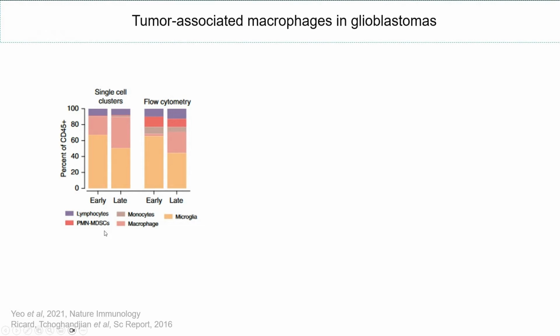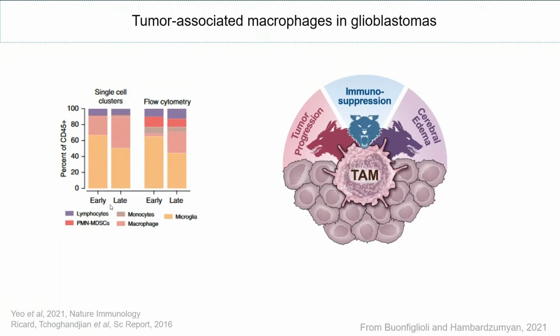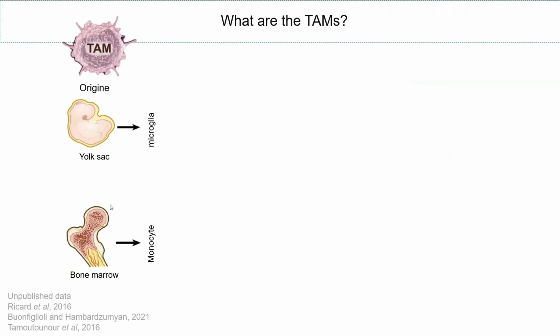If we have a closer look at these TAMs, there are microglia and monocyte cells, and during the early stage of tumor growth, the microglia cells are the most abundant, and then there is also high recruitment of monocytes in the tumor. And these TAMs are highly important for tumor progression, immunosuppression, and cerebral edema. So they really play a key role in this process.